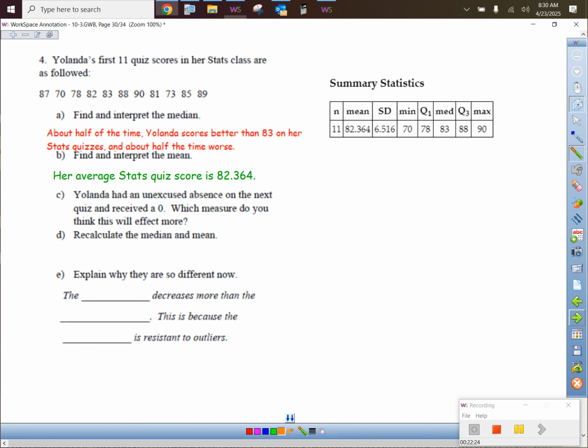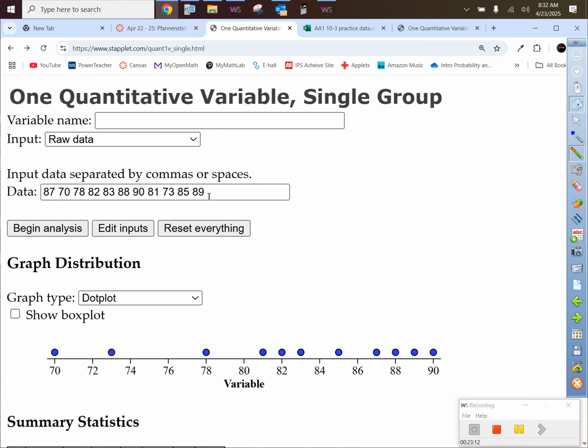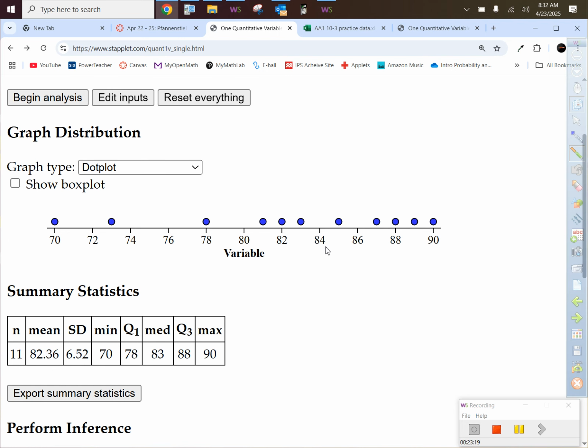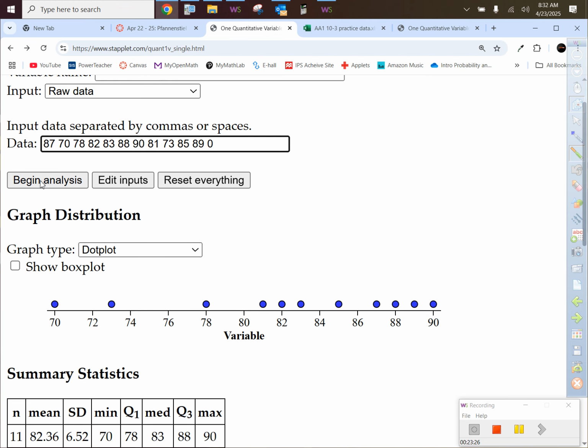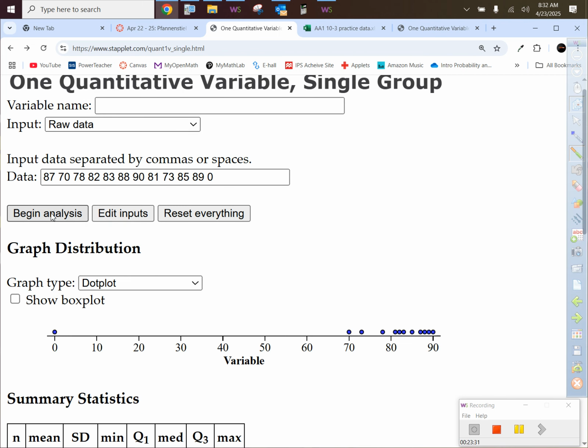So let's go back to the applet and put 0 in for another score. Make sure you have a space. You might have had to write these down to talk about how things changed on homework. But begin analysis, and there's that 0.